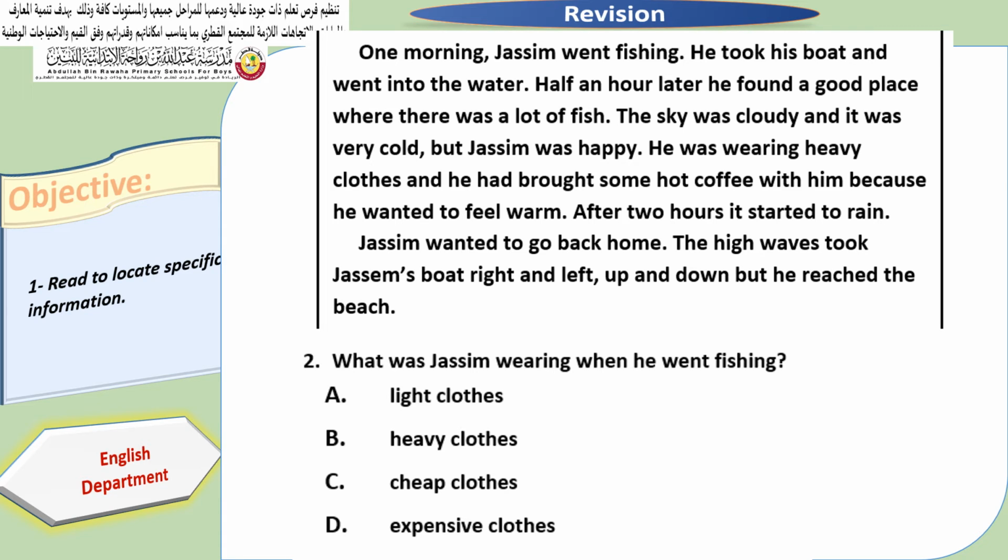Here we have to look for the word wearing, which is the main verb of the question, in the text itself. So here we will see it, wearing, and the answer will be from: he was wearing heavy clothes and he had brought some coffee with him, etc., to the end of the sentence.